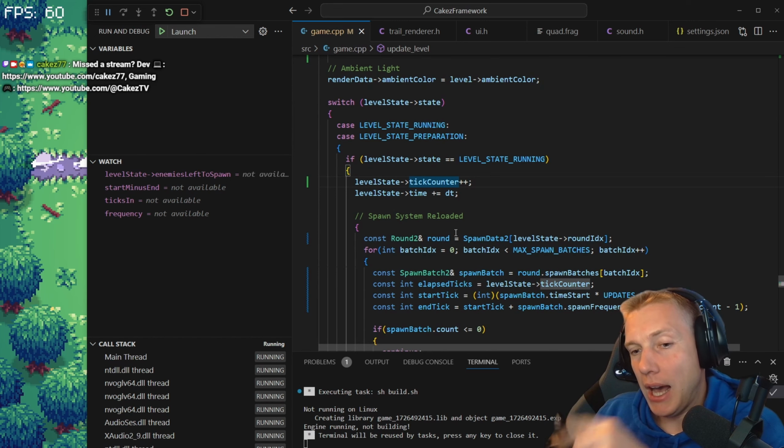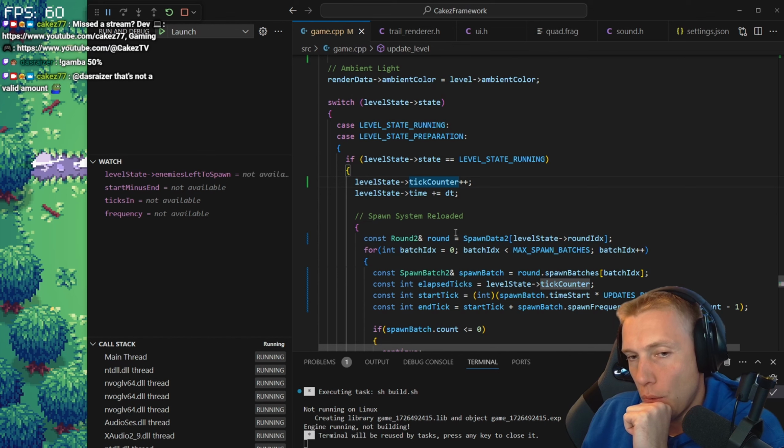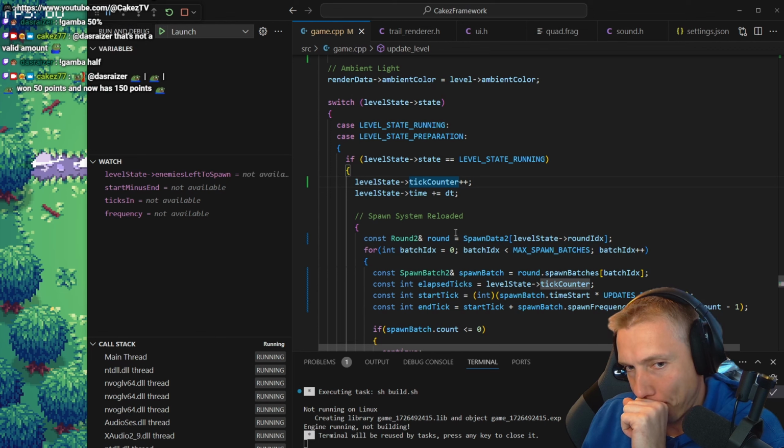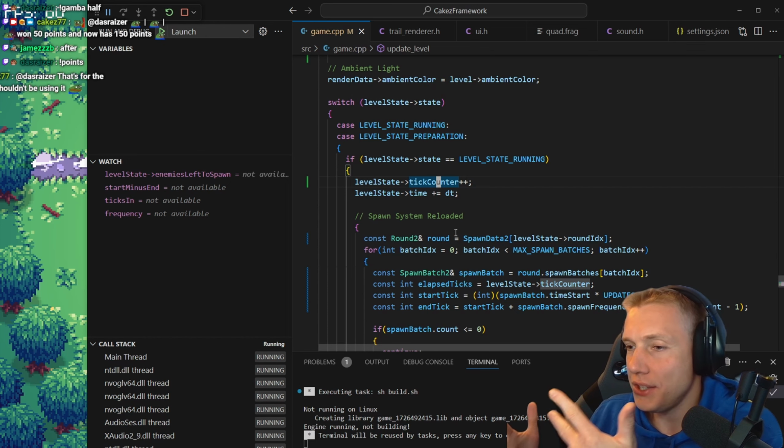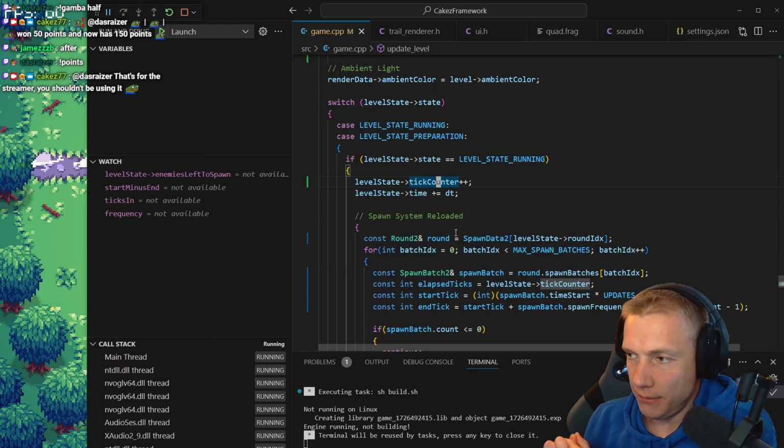Do I do the tick after the spawn system or before? It's a difficult thing. I don't know. After? But the first tick is done already. You see? That's the problem.